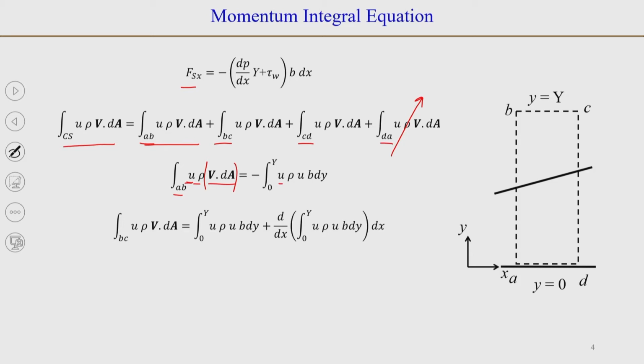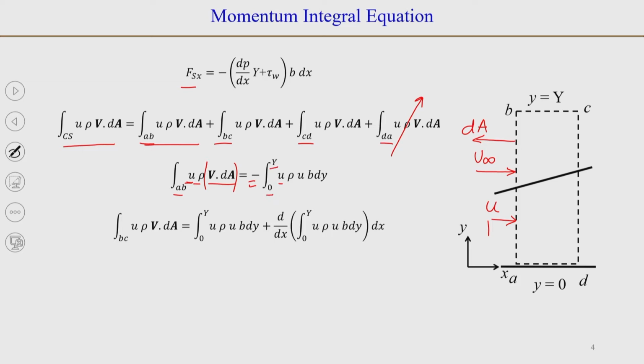On this surface the velocity is in this direction. We will use the term u here because this region has u as well as u infinity. So, we can say that u is a function of y, and for V dot dA, the area vector will be pointing as outward normal. As a result we will have a negative sign here, and we can integrate it from 0 to y.